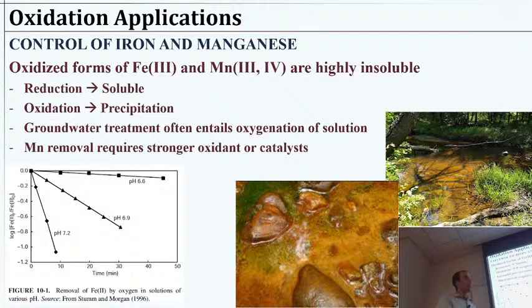That's coming up to the surface, and then it's oxidizing by exposure to the atmosphere. And so then you're getting iron oxides, which look like rust, which are that color, and essentially you have rusty colored water.